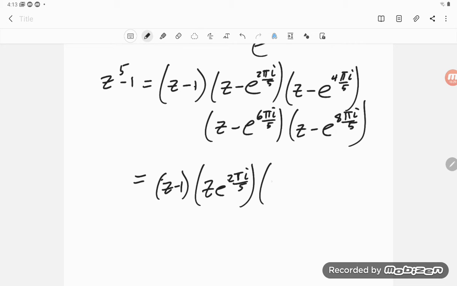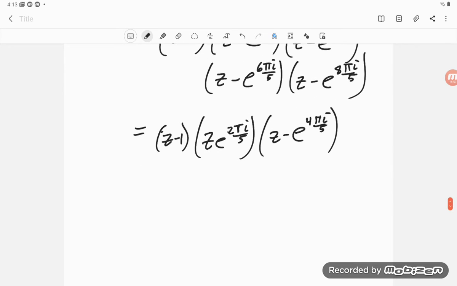And 4/5 π is as well, e to the 4πi over 5. But 6π over 5 is not. That's bigger than π, so that gets me into the negative regions.